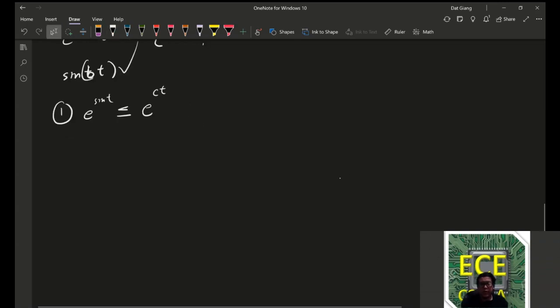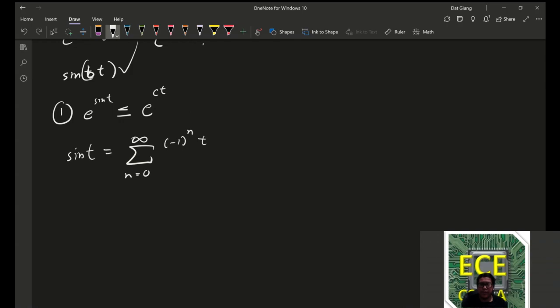Well, one thing we could try for the viewer is to do a Taylor series expansion. So what we could do is note that this is our Taylor series for sine of t, the sum of t to the 2n plus 1 divided by 2n plus 1 factorial. So what this tells us, we have t minus t cubed over 3 factorial plus t to the 5 over 5 factorial minus t to the 7 over 7 factorial.